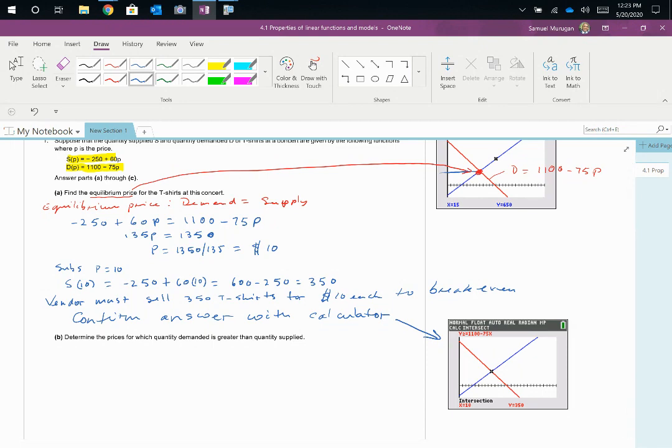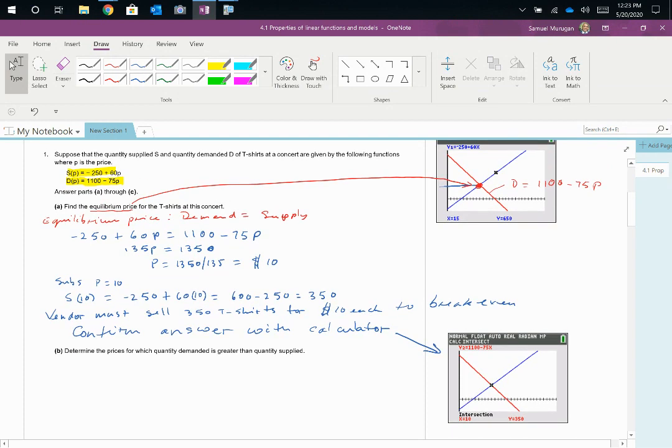Now, the next question is asking us to determine the price for which the quantity demanded is greater than the quantity supplied.